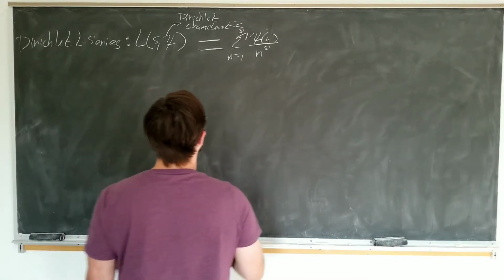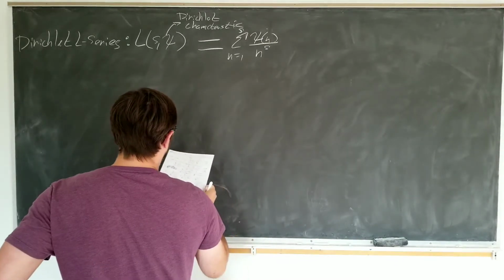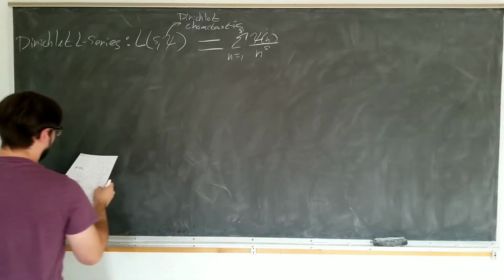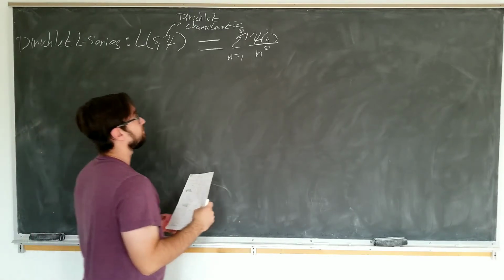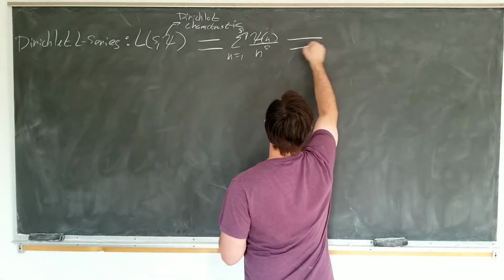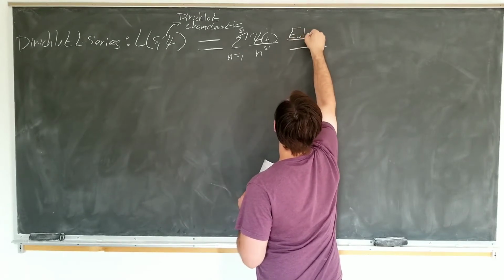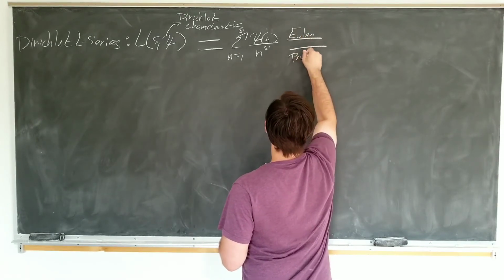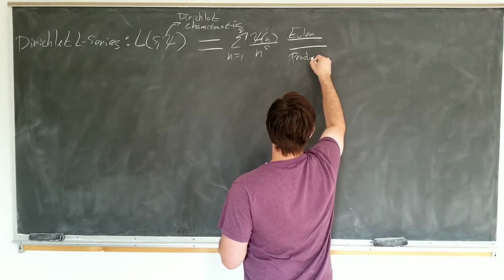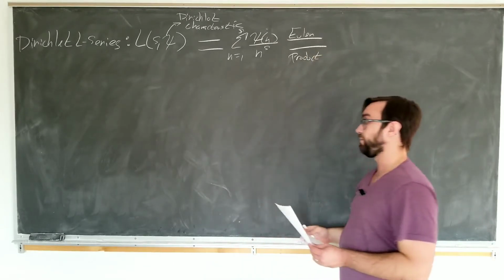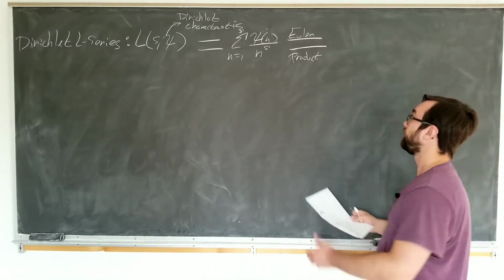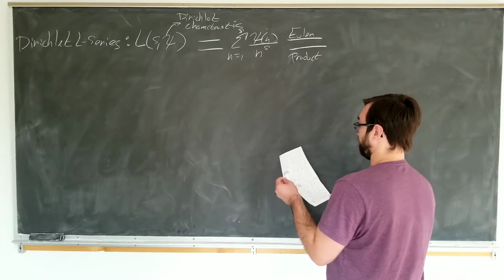And we need to talk about an Euler product version of this. Well, you can also do the Euler product on this using a much more complicated sieving argument, which I can't really prove myself, so I'm not going to show you guys.